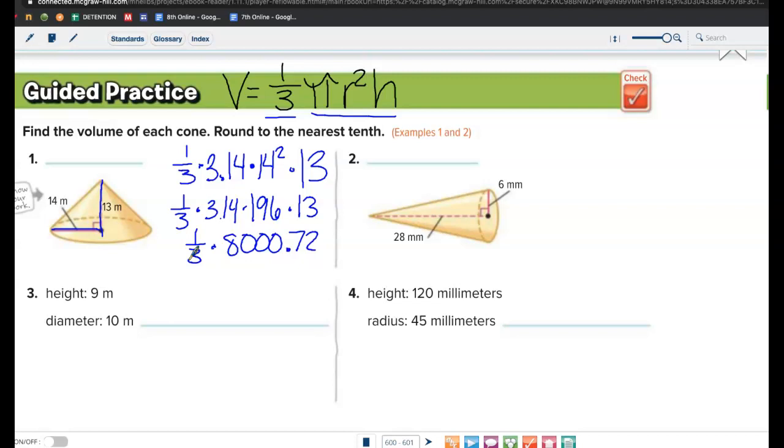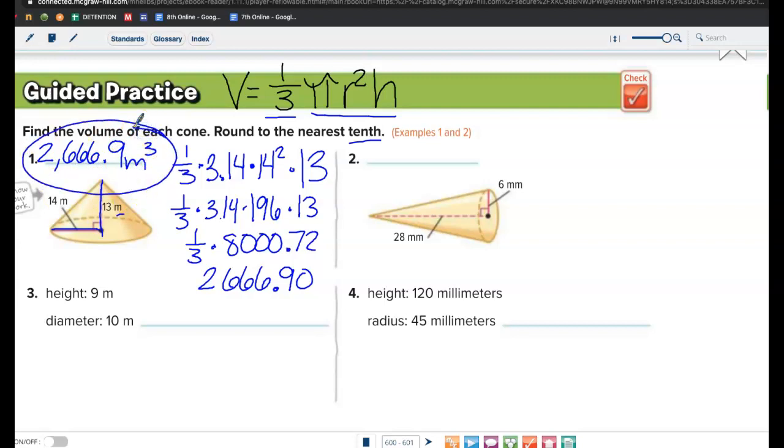So I get 2,666 and 90 hundredths, but since it says to round to the nearest tenth, my final answer is going to be 2,666 and 9/10 meters cubed. And there's your answer.